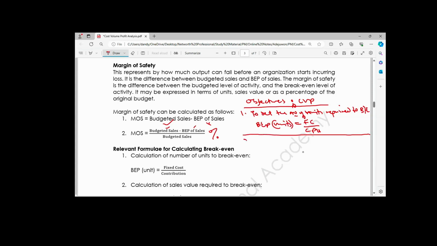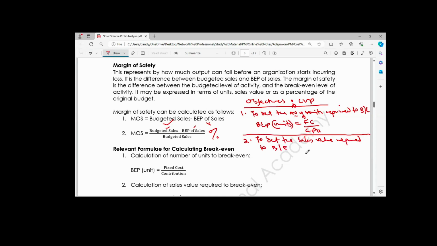Number 2, another objective is to determine the sales value required to break even. This can happen to anyone; it could be a service company or a manufacturing company.